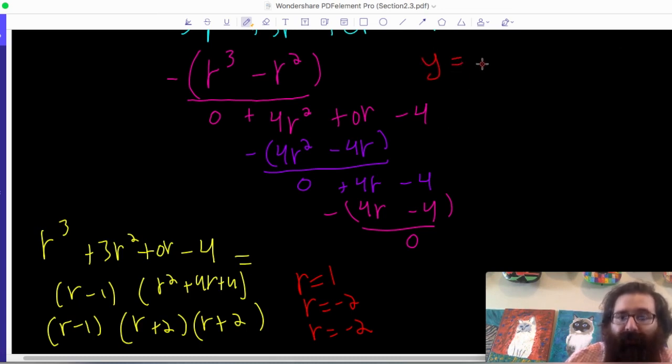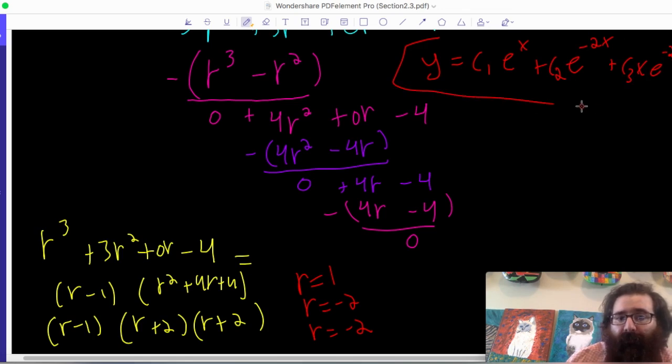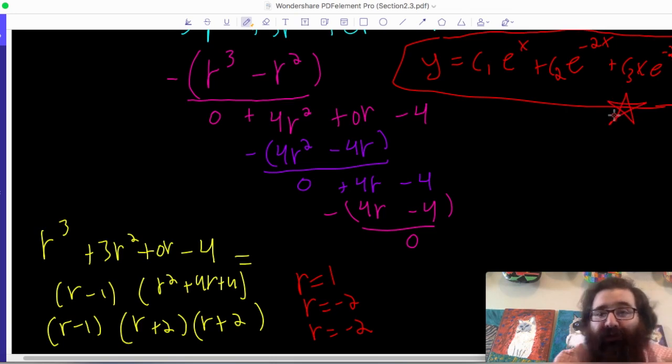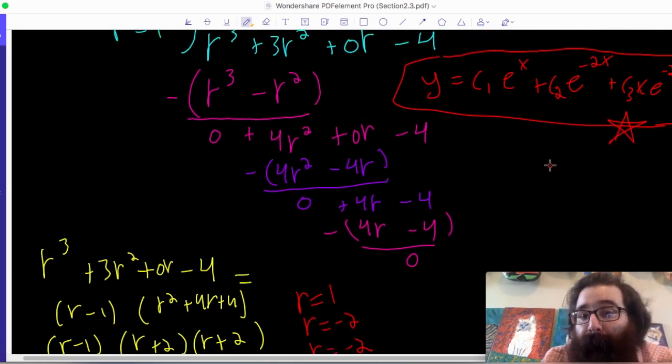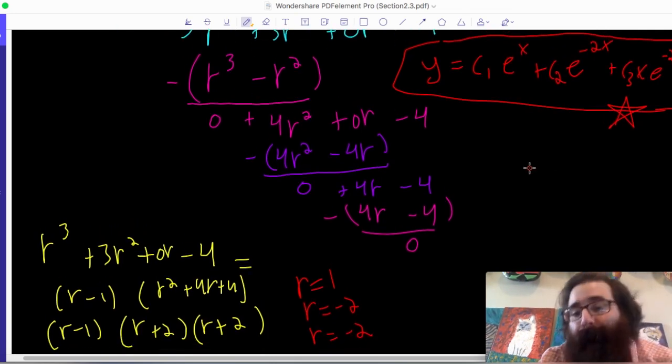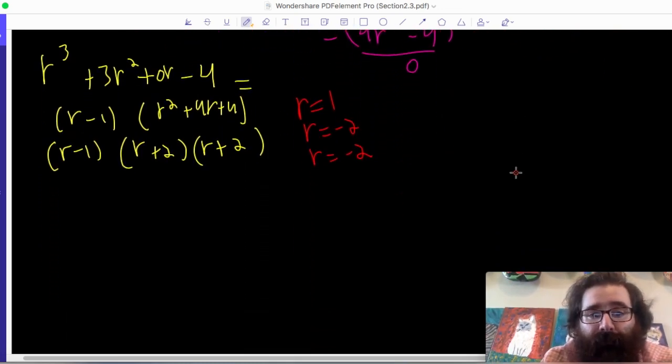We get y equals c sub 1 e to the 1x plus c sub 2 e to the negative 2x plus c sub 3 x e to the negative 2x for that repeated root. And there we have, in this beautiful red, our general solution. But we had to first find a root by inspection, and then we had to start dividing polynomials.